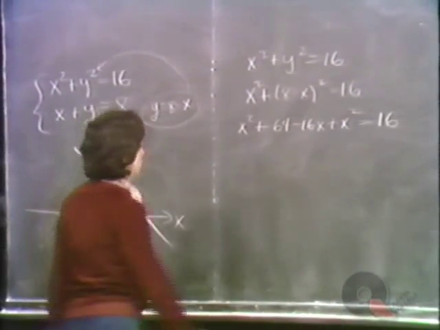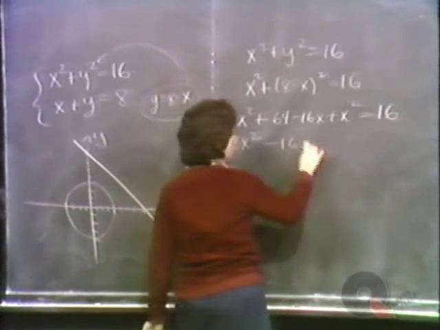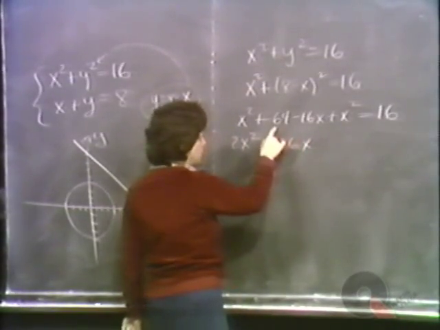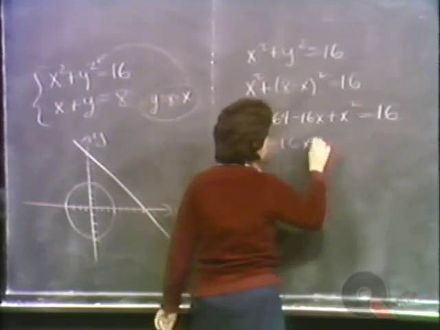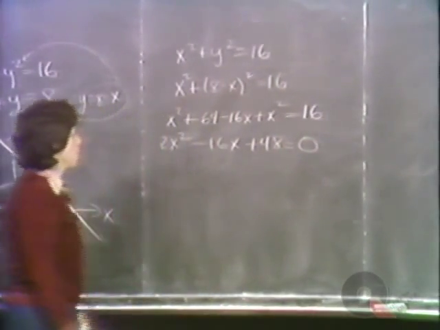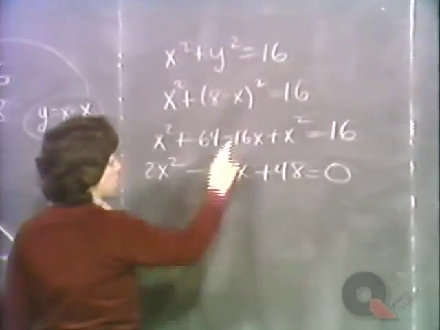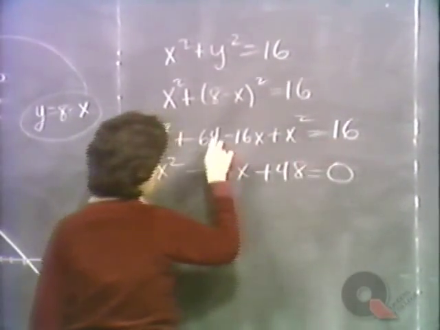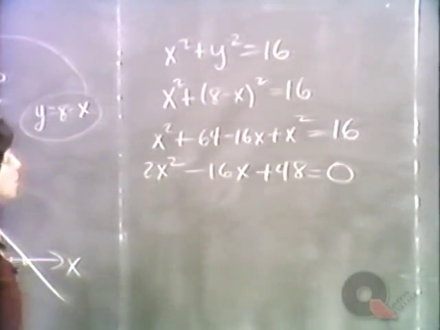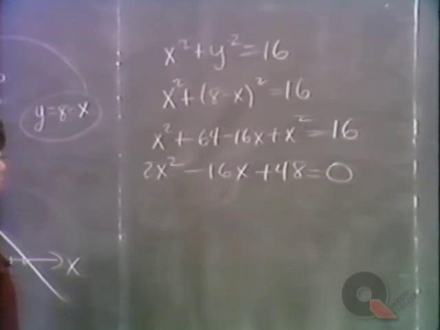Let's see, collecting like terms, we have 2x squared minus 16x plus 64 minus 16, plus 48 equals 0. The x squared and the x squared gave me 2x squared minus 16x. Bring the 16 over, taking 16 away from 64 gives me the 48.